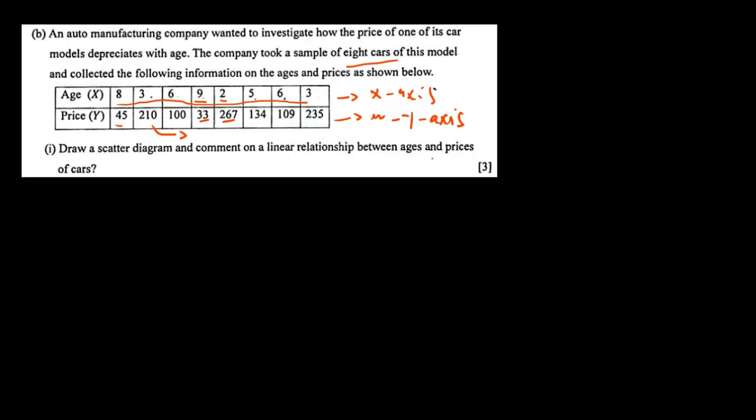So let's plot what we have here on the x-y plane. Let's make this a bit smaller like that, so that we may have space to plot the scatter plot. So for this scatter plot, this is the y-axis this side, and then we have the x-axis like that.